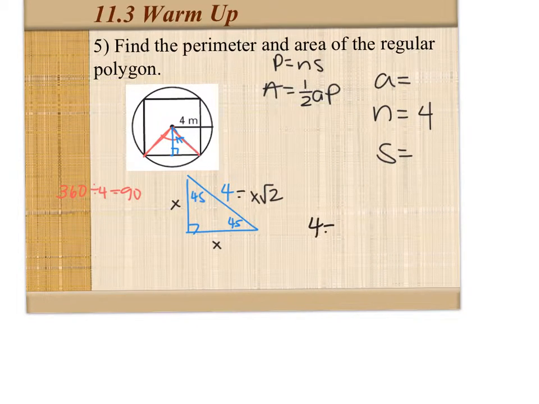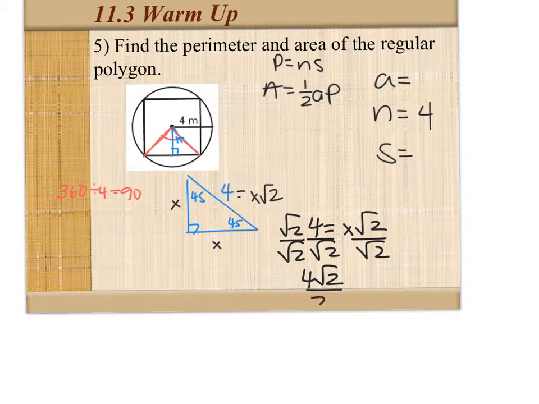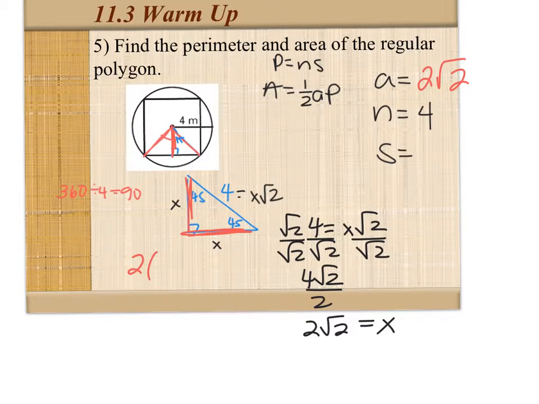So if 4 equals X root 2, and I divide both sides by root 2, and then I rationalize it, and then I simplify it, I get that the apothem and half the side would be 2 root 2. So apothem would be 2 root 2. Half the side would be 2 root 2, so the whole side is 4 root 2.